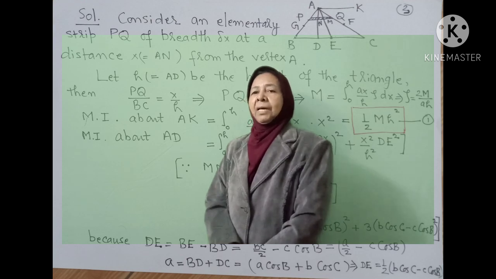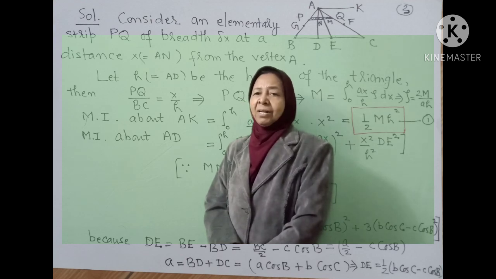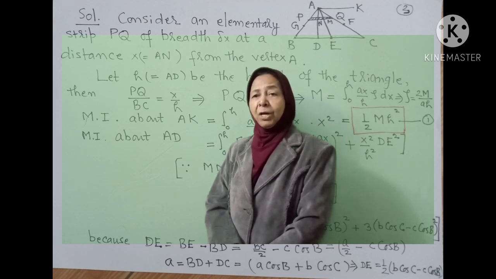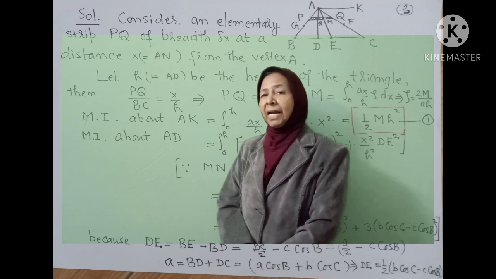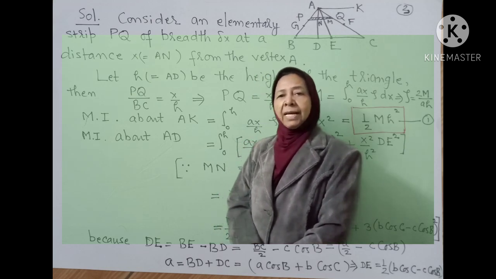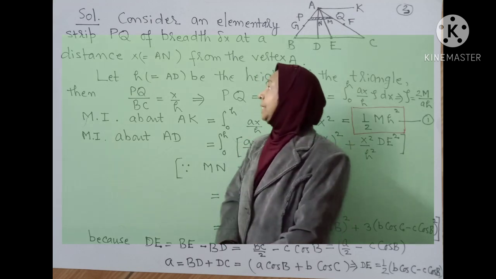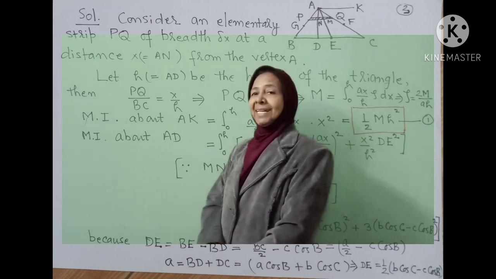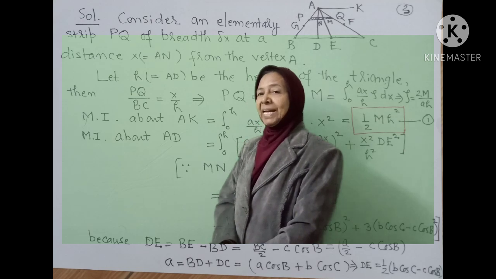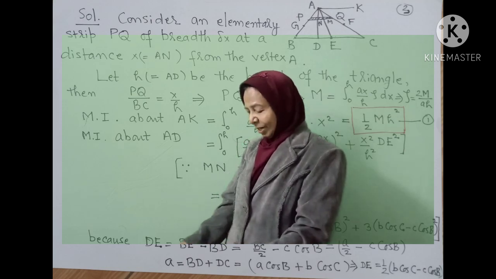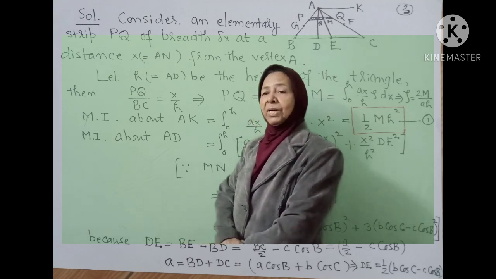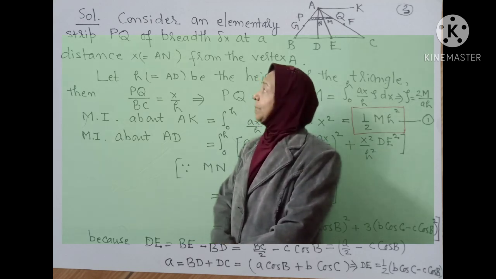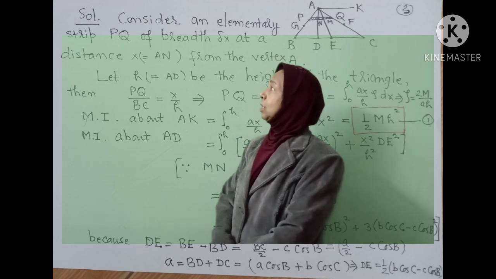Okay. Now, our target is first of all to find PQ. Now, you can observe that the triangle APQ is similar to ABC, isn't it? That means x divided by h is equal to PQ divided by BC. Now what is BC? BC is small a.